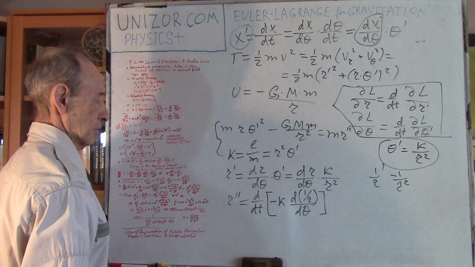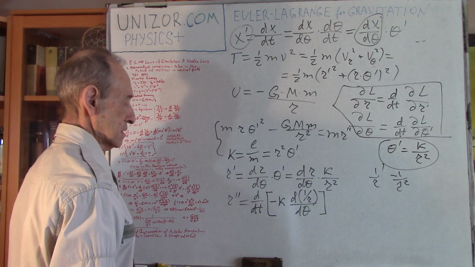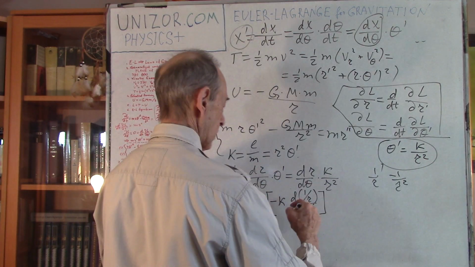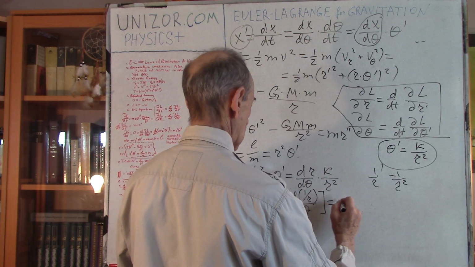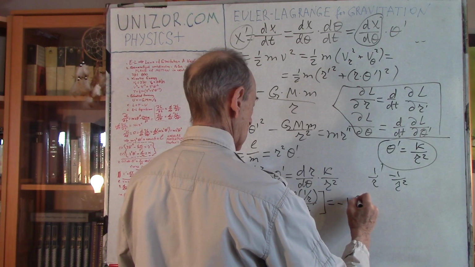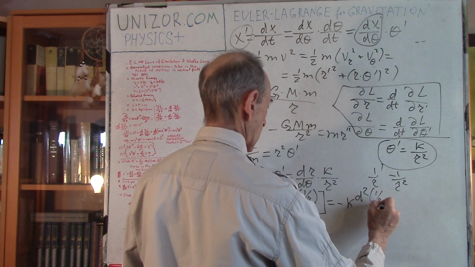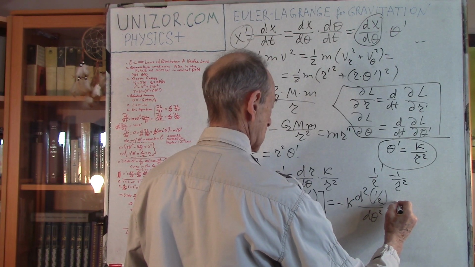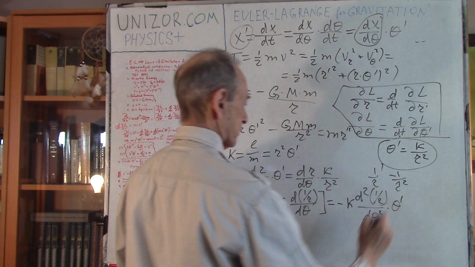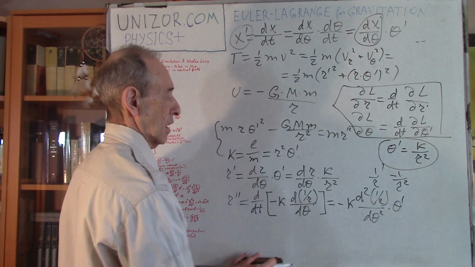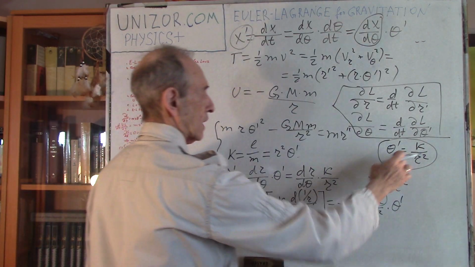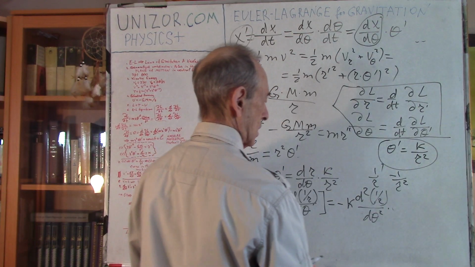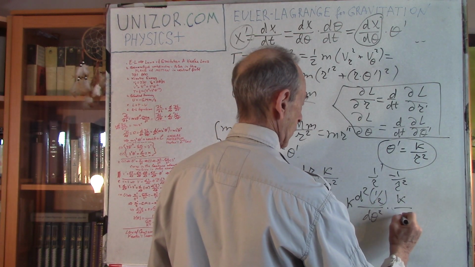And now we would like to derive it by dt, which means again we will use it by d theta first. It's equal to minus k d2 1 over r by d theta 2 times the derivative of theta by time, which in turn we can replace with this one, and that would be k over r squared.